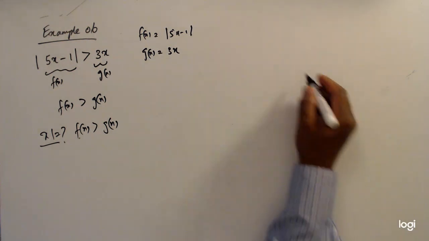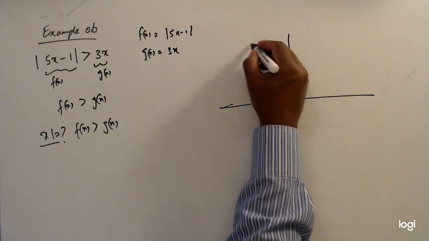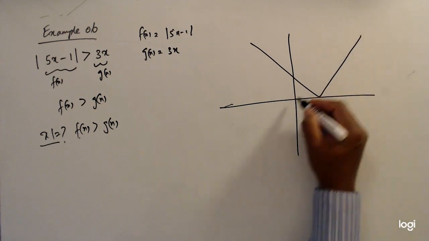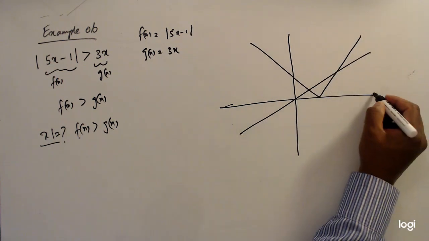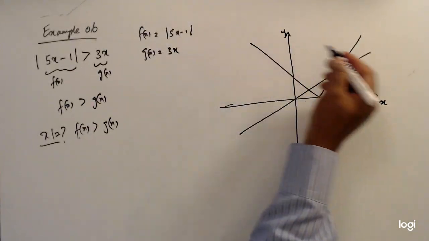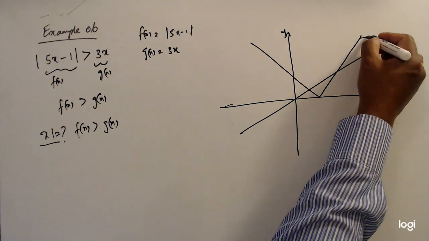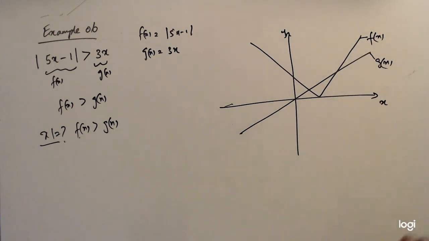I'm going to draw the graph. So this is x, this is y, this graph is the gx graph, and this graph is the fx graph.